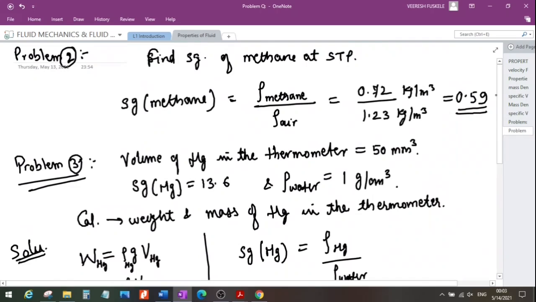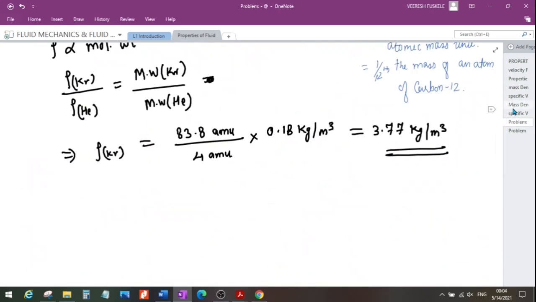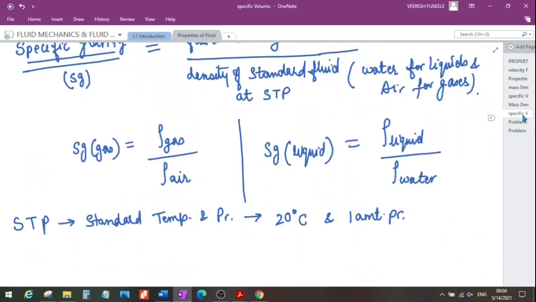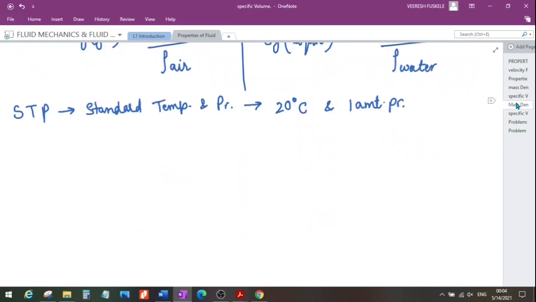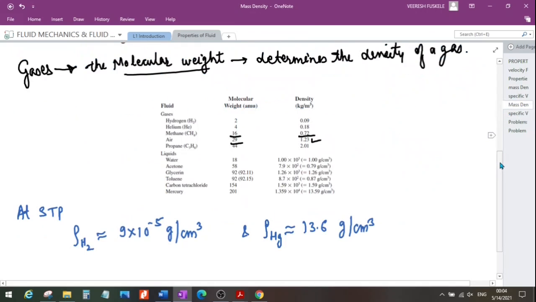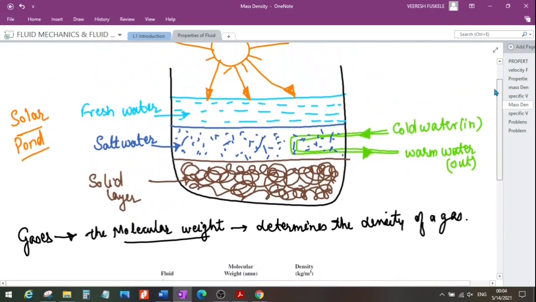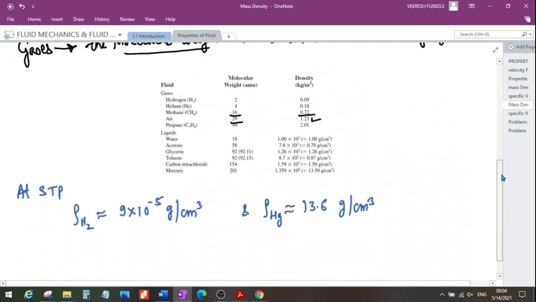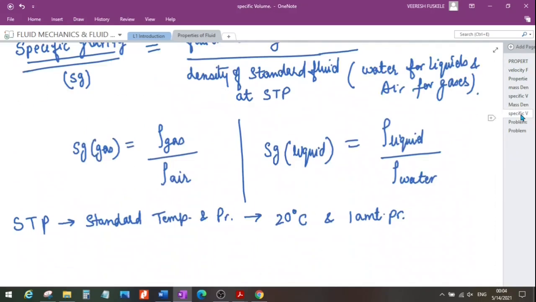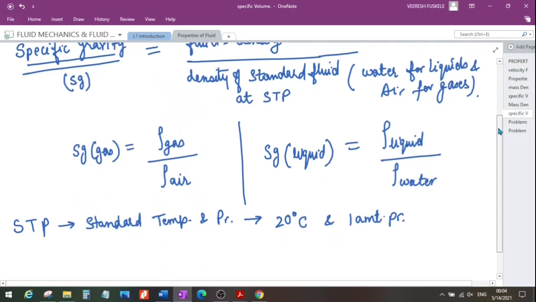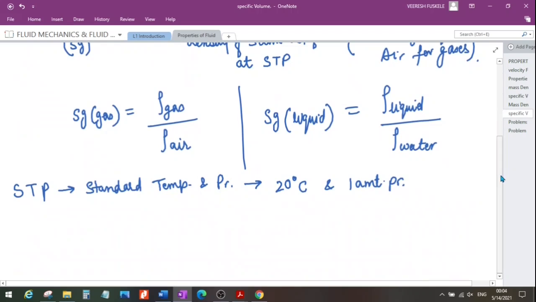So this is about the basic properties of the fluid. We discussed a bit more on mass density today, about the solar pond. Then we discussed the properties of specific volume and specific gravity, and why this specific gravity is important and why it is used widely.